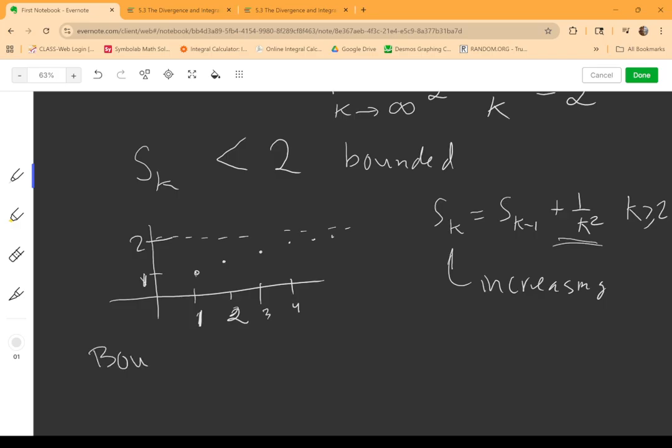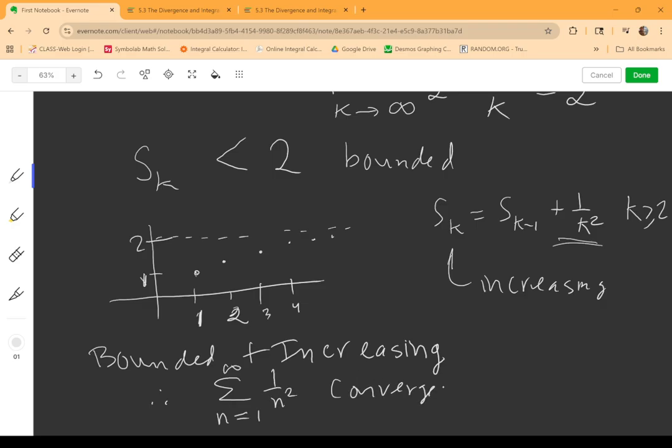Bounded plus increasing tells me that, therefore, the sum from n equals 1 to infinity of 1 over n squared converges. And that is how we apply the integral test; these are examples going through how the integral test works.